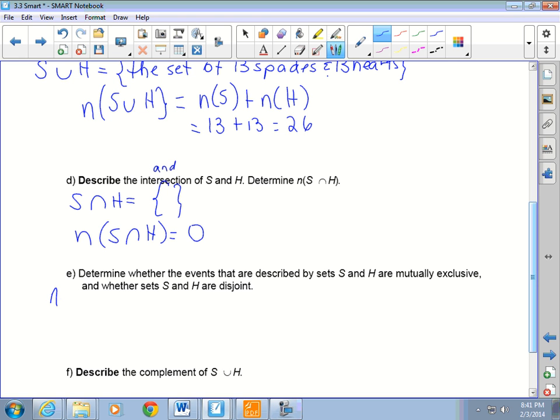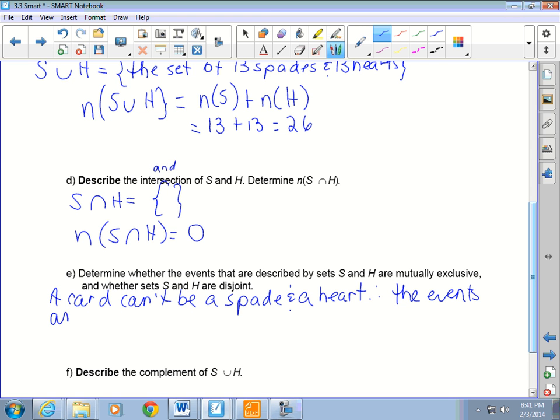Okay, so a card cannot be both, so therefore the events are mutually exclusive.